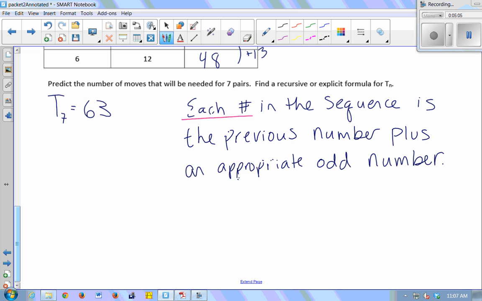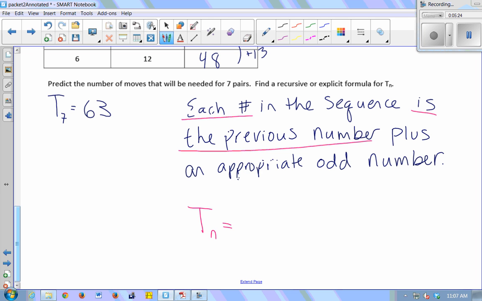Each number, I'll translate that to t sub n. Right? So any generic number in the list is equal to the previous number. So that's the "is," right? Equals the previous number. How do I denote the previous number using our new notation?